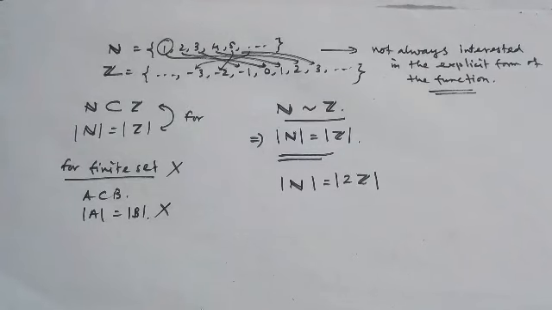In this particular chapter, it is not a matter of concern how the function looks, but whether there exists such a function or not. That is the matter of concern here.